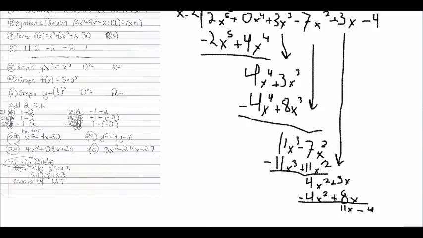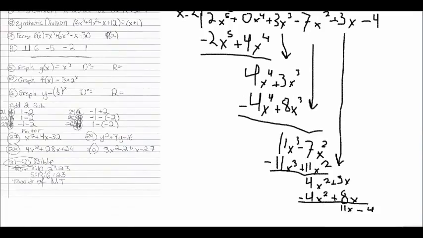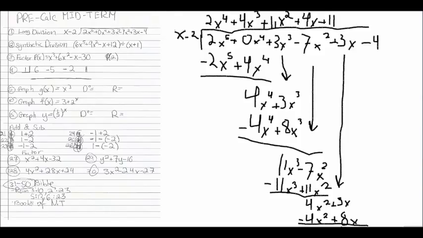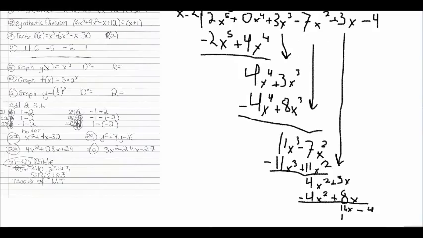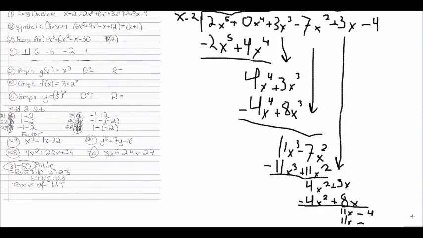And then bring down our minus 4. We need more room, so I'll lengthen the problem space. So what can go into 11x? Well, what can go into 11x is plus 11. Do we need to add an x? No, because that's 1x plus 11. Plus 11 times x is 11x.